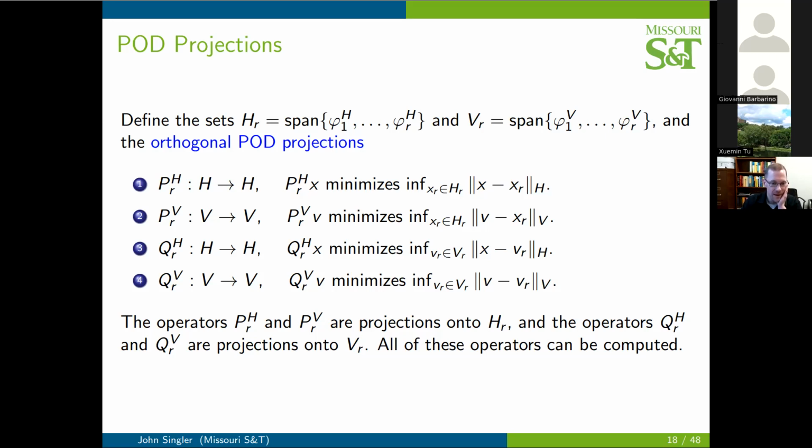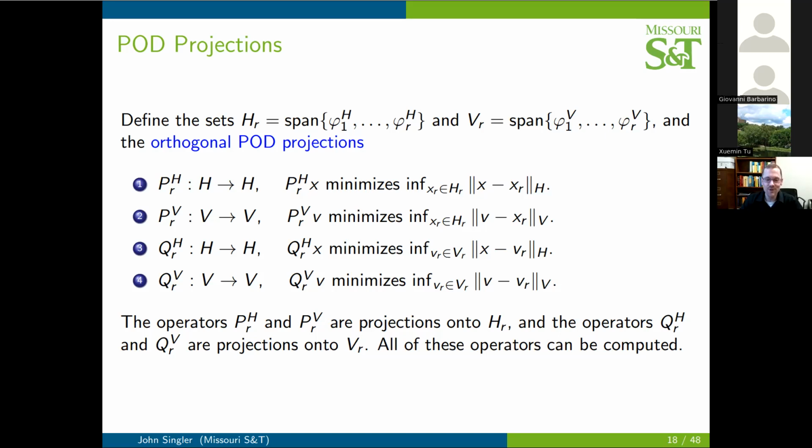I'll use P when you're projecting onto the space HR, and Q when you're projecting onto VR, and the subscript denotes which norm we are taking the minimization in. So you have all 4 of these projections, all of them can be computed.